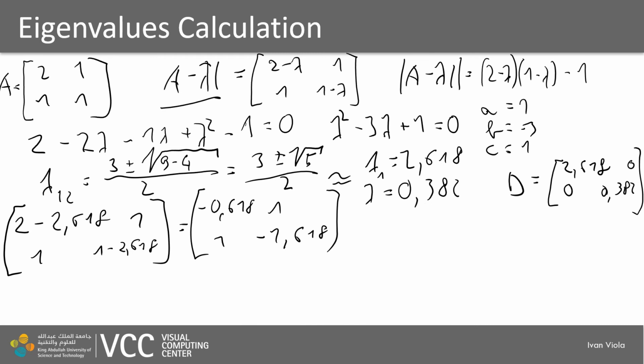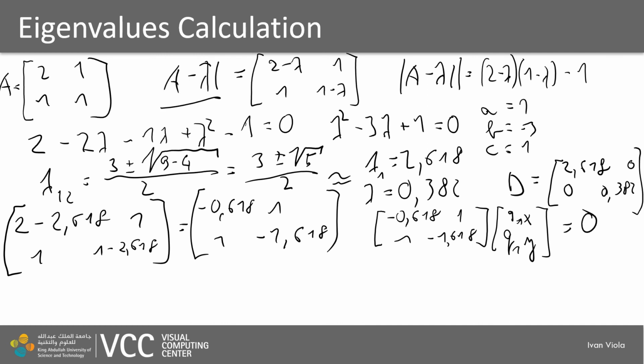This is our matrix, and with this matrix we should, if we now multiply this matrix, minus 0.618, 1, 1, minus 1.618 times, and now for the first vector, so let's say q1 x, q1 y, sorry, should be equal to 0.